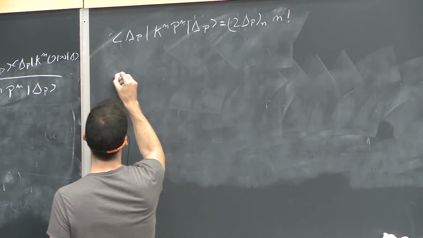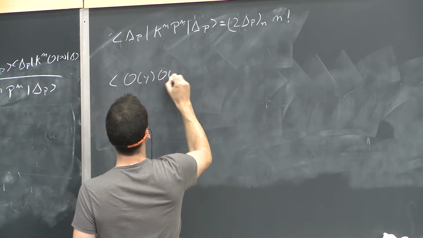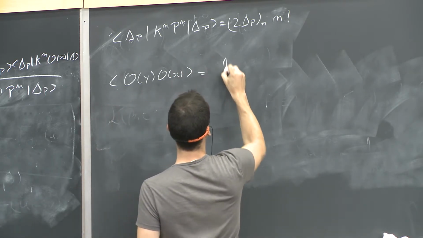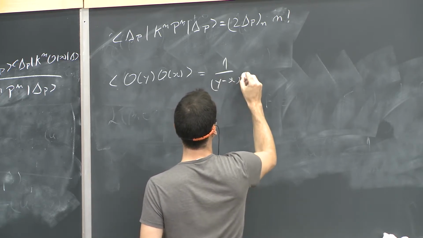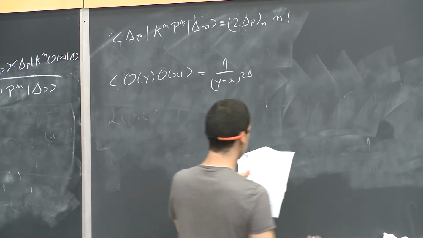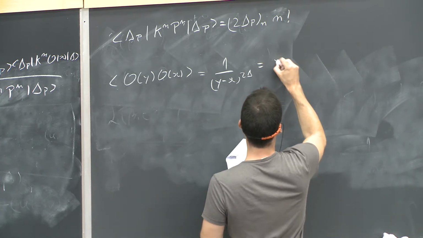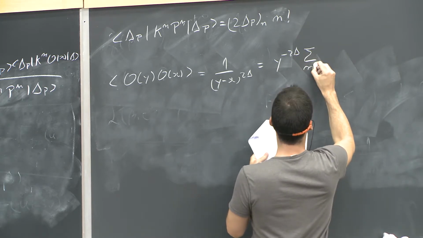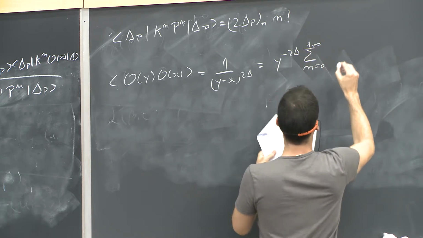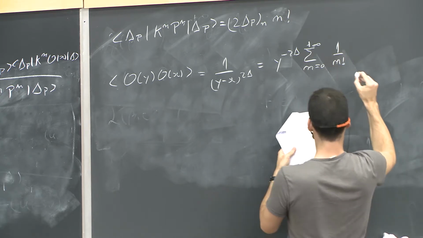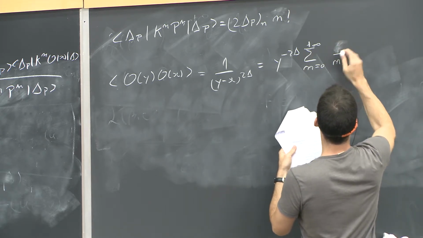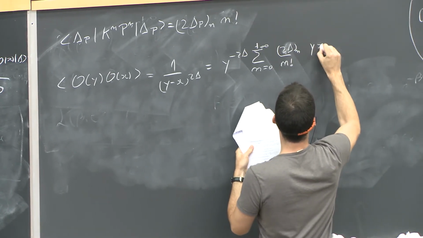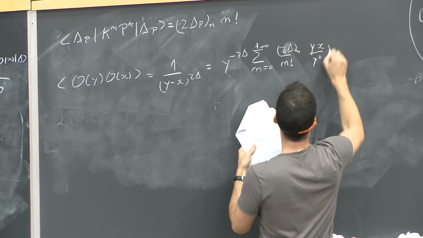So let's do the following trick. Consider the two-point function of identical operators. We already know what this is. It's 1 over y minus x to the 2 delta, right? And I can write this as y to the minus 2 delta sum from n equals 0 to infinity of 1 over n factorial, 2 delta n, times yx over y squared to the n.